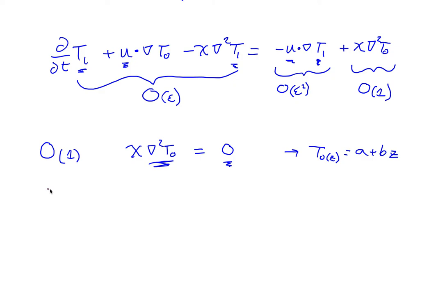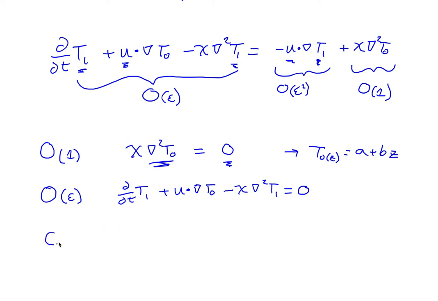All right, let's now write up our order epsilon system. Our order epsilon system is that d by dt of t1 plus u dot grad t0 minus chi del squared t1 is equal to 0. And then we have our order epsilon squared system.